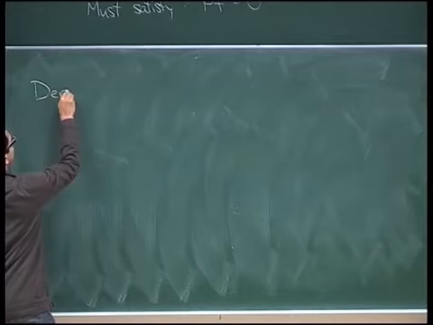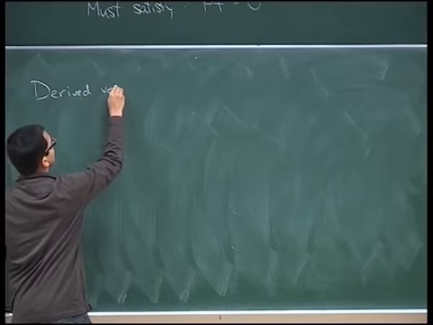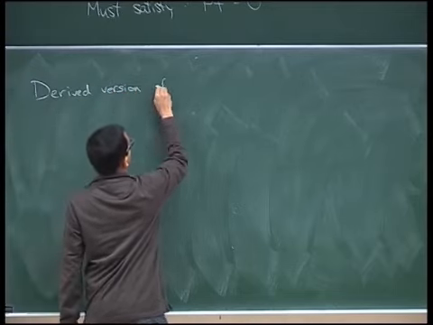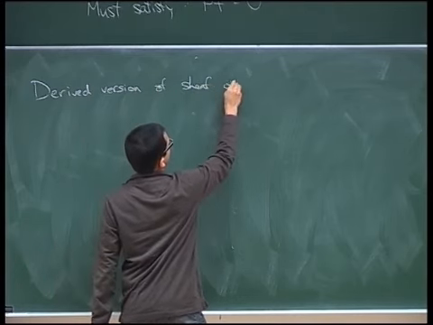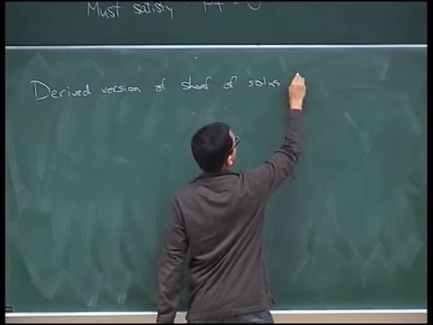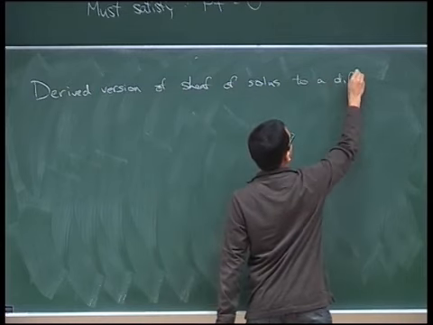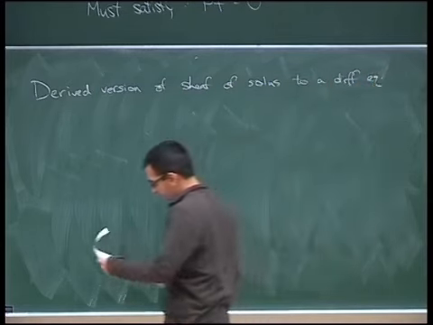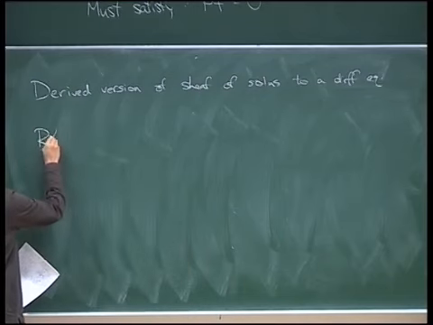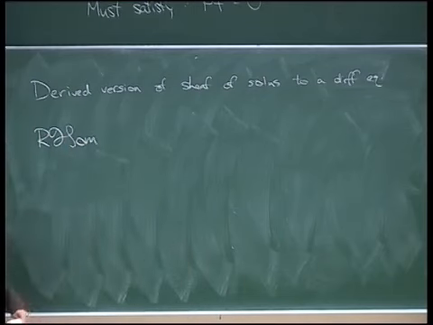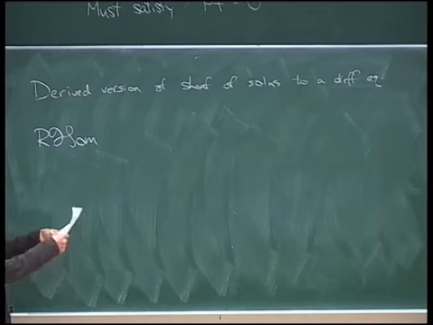So here's the derived version of the sheaf of solutions to a differential equation. We're going to take R Hom, and it's going to be sheaf R Hom. It needs to be sheaf R Hom because we already ran into this problem in that tiny example in one variable. You might have solutions over some open set that don't extend to a bigger open set. So you'll miss stuff if you don't take the sheaf R Hom.